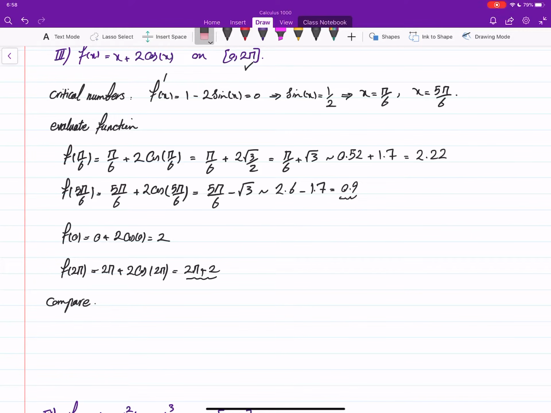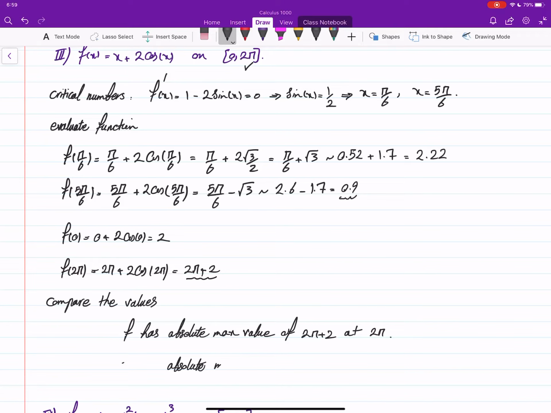So compare the values, and you see that f has absolute max value of 2 pi plus 2 occurring at 2 pi, and then the absolute min value of 5 pi over 6 minus root 3, which occurs at 5 pi over 6.